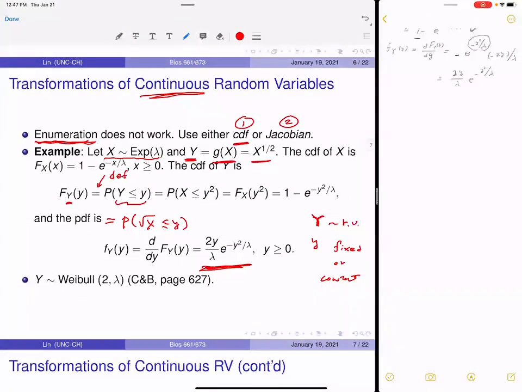So that means that's how you use the CDF to derive the distribution. Okay. So then, looking at this PDF, you could actually find from that distribution table, which is Y equal to lambda. But I think a lot of times you won't be able to find the named distribution, to be honest with you.